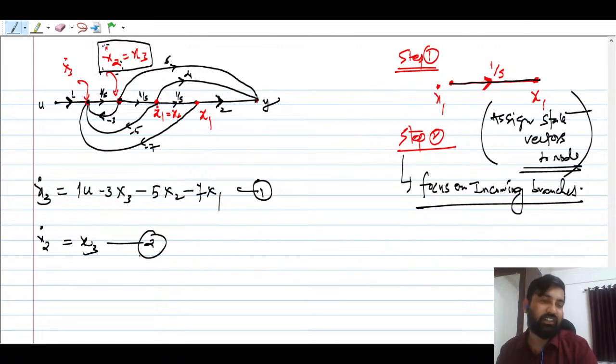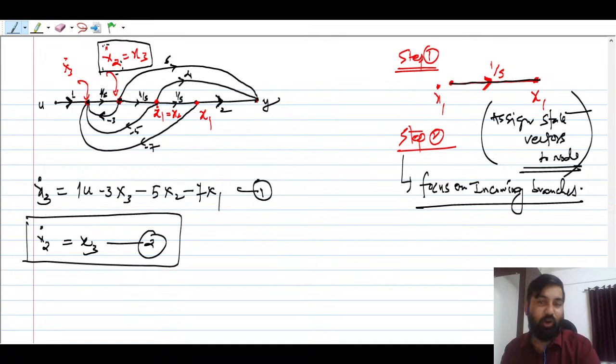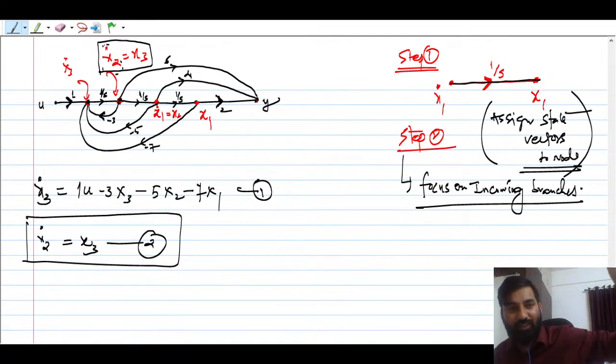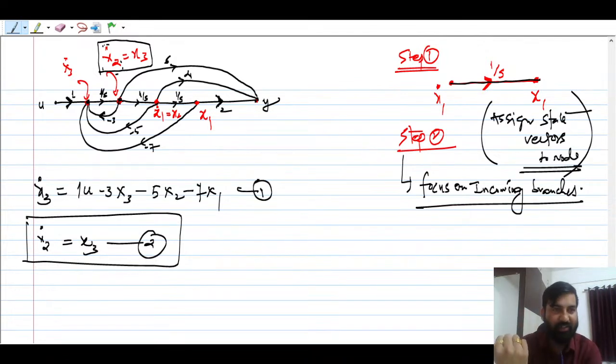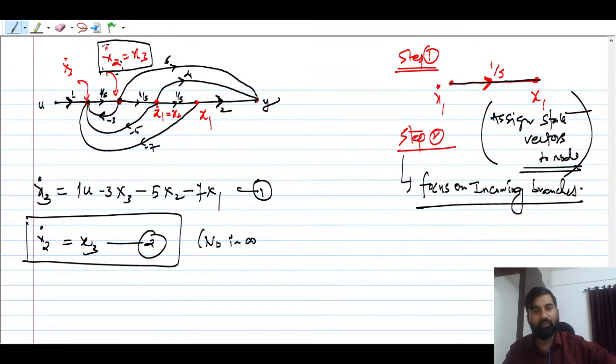No other branches are incoming, right? So this is very simple. If something is not incoming, don't focus on that. Only x2 dot is equal to x3. One equation that you can get, because that integrator is coming now, that will give you x3. And no other incoming branch is there, apart from one integrator. So x2 is very simple.